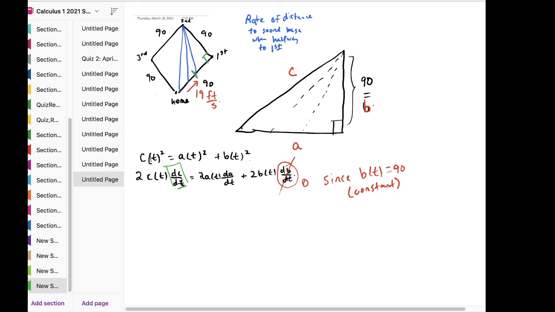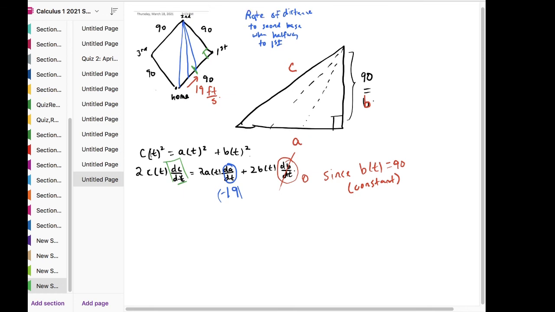Yeah, 90. But what we can do is plug in the value at t naught instead of coming up with a formula. Sometimes we may not always have a formula. But we do know that dA/dt is 19, or plus or minus.